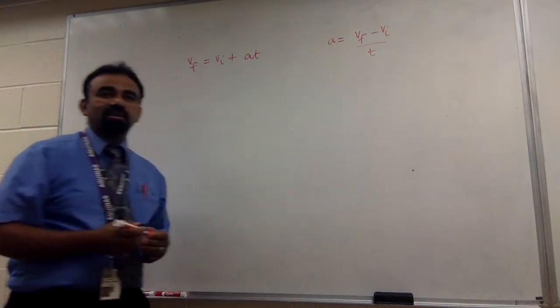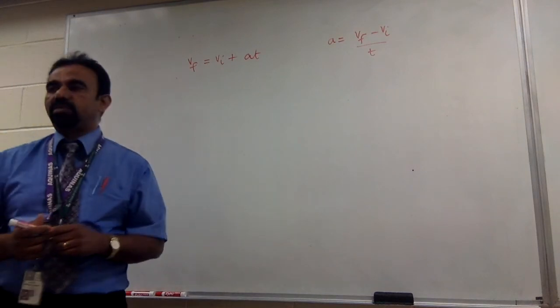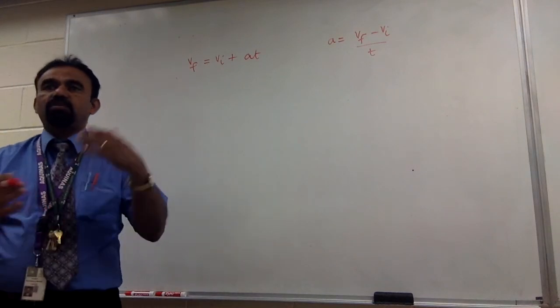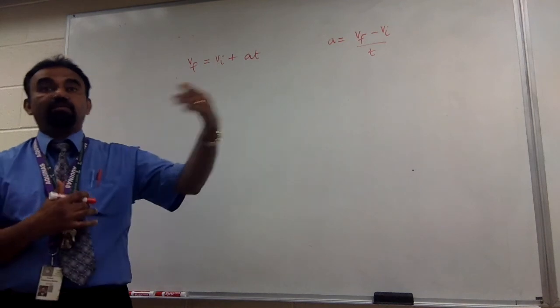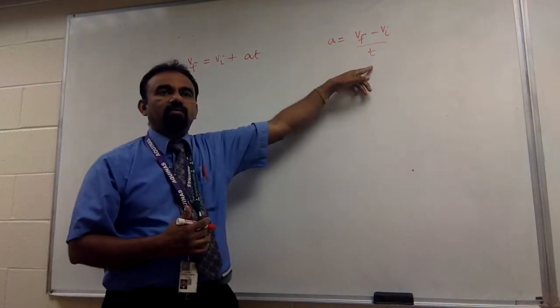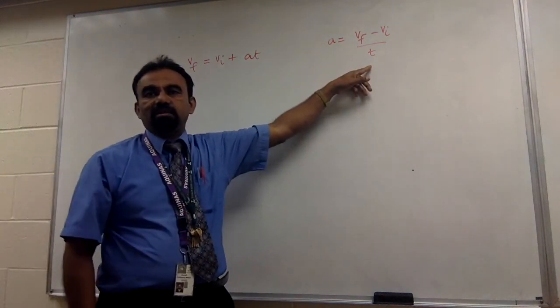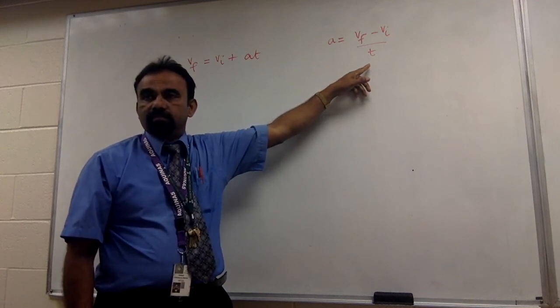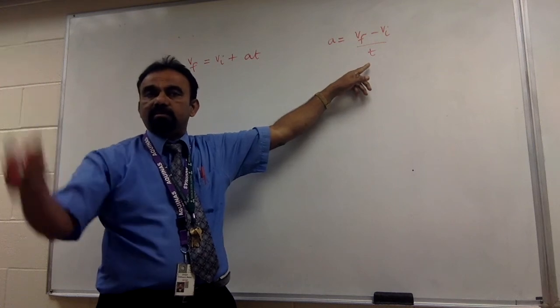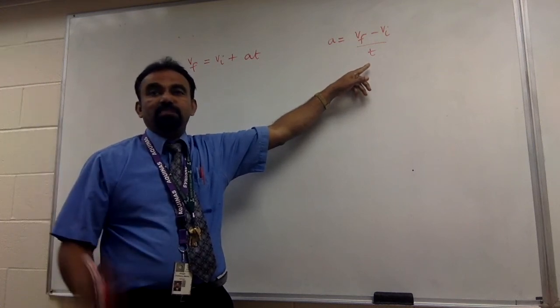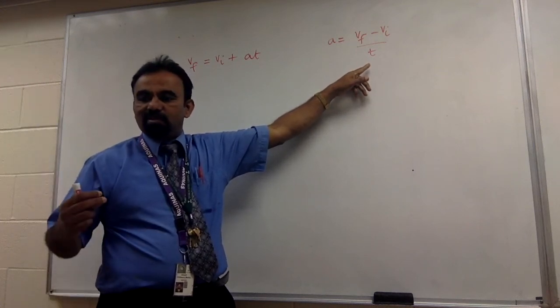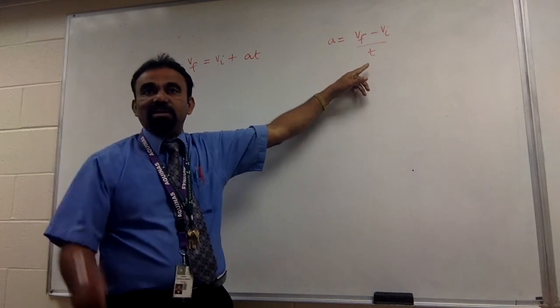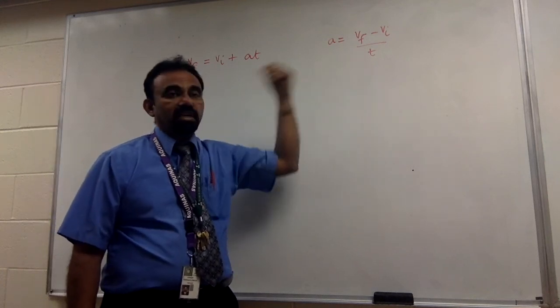If you know how fast you were moving and how fast you are going up to, and in what time, that will tell you the average acceleration. If a car is picking up speed, you call it pickup. It goes from 0 to something in a certain time, and that is average acceleration.